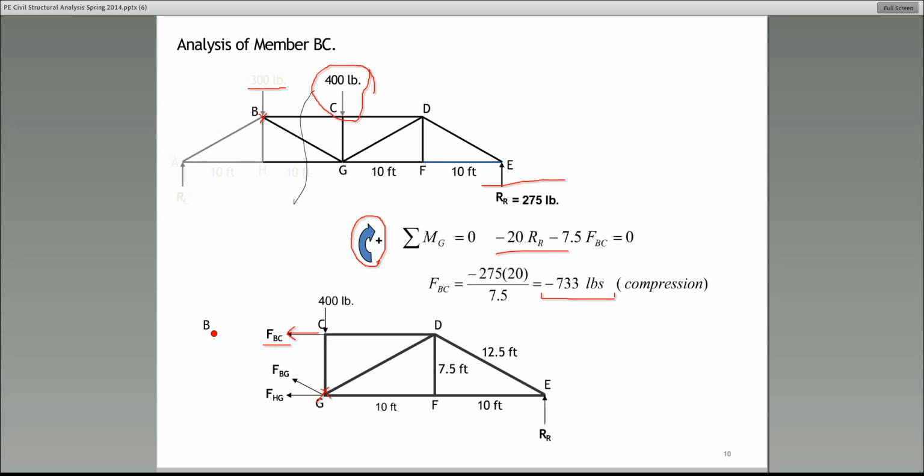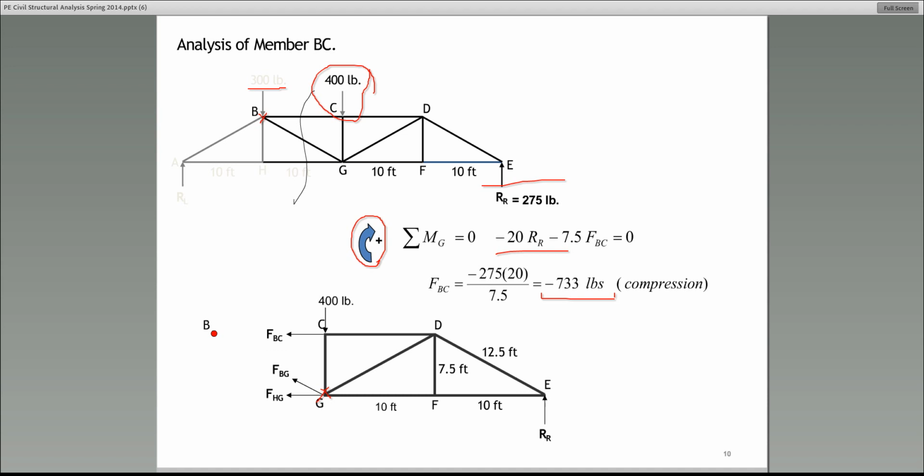Now, if the internal force pushes towards the joint, then the member would be in compression. When we analyze these members, for example BC, we don't really know whether the internal force is pushing towards the joint or pulling.